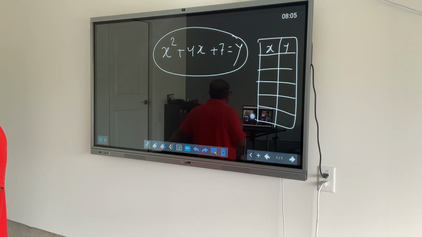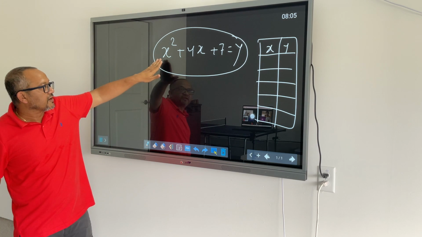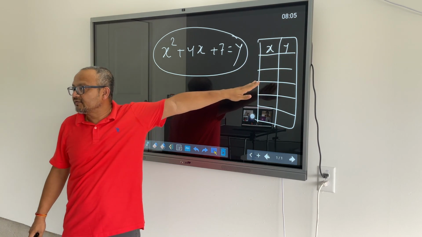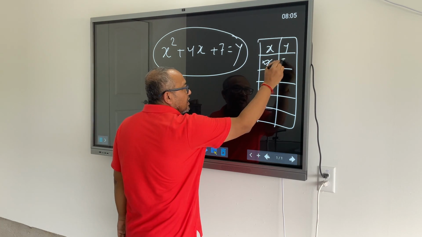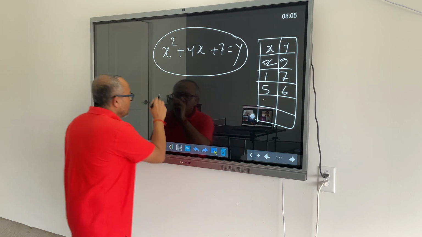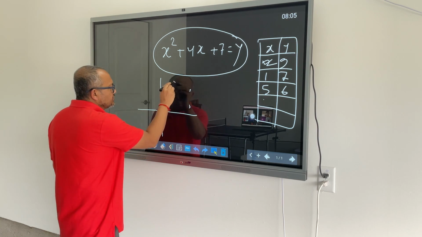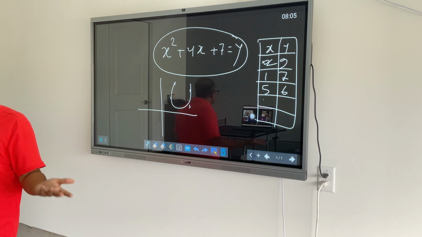Simple rule of thumb is, any equation that you have, you will put the value of one variable and find out the corresponding value of the other variable. And once you have all the values, let's say 2, 9, 1, 7, 5, 6, I'm just making it up, whatever values you have, you will locate those points and join them. If it makes a parabola, then it will be a parabola.